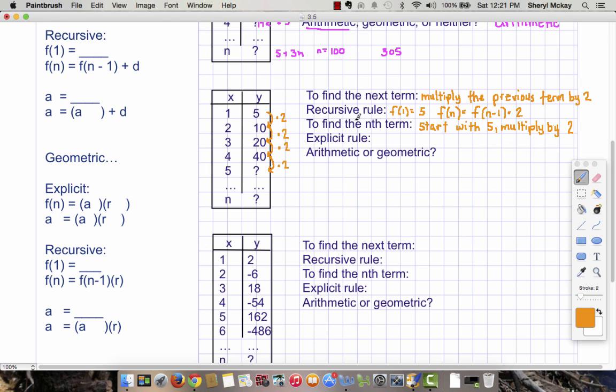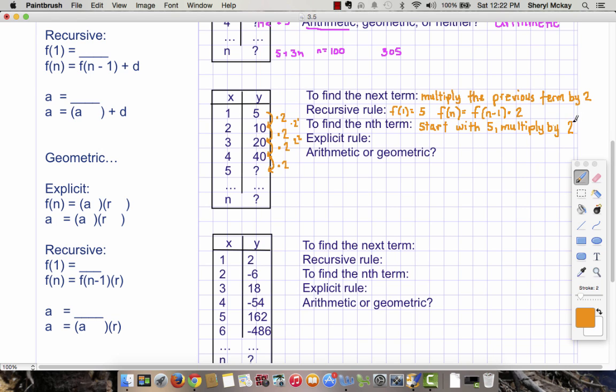So let's see. For the first term, we didn't multiply by anything. We just started with 5. And then for the second term, we multiplied by 2 to the 1 power. And then for the third term, we multiplied by 2 to the second power. And so notice that each time we are multiplying by the power.